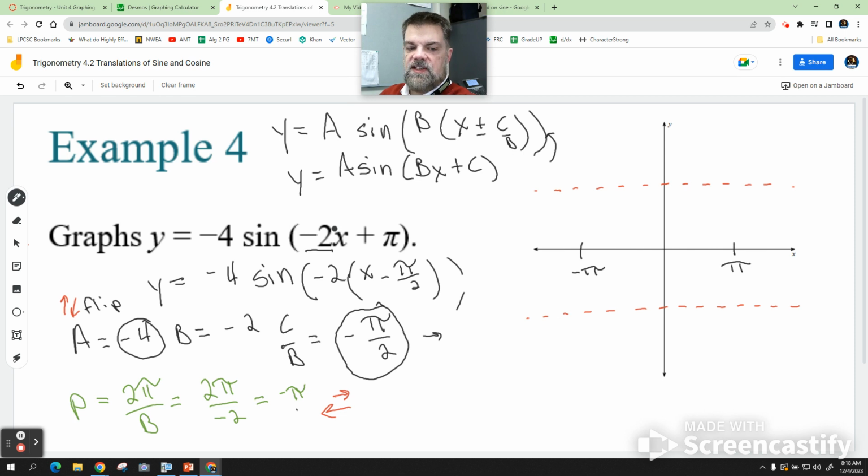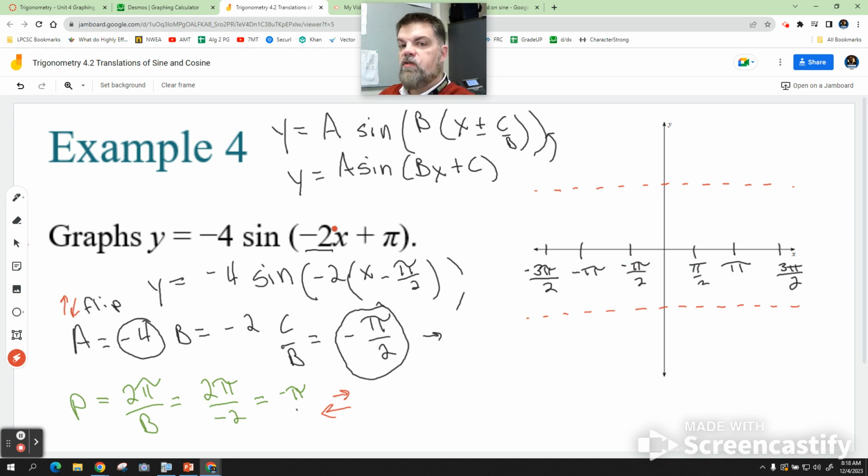But because c over b is negative pi over 2, that means I'm going to shift over pi over 2. All right, so let's think this through.